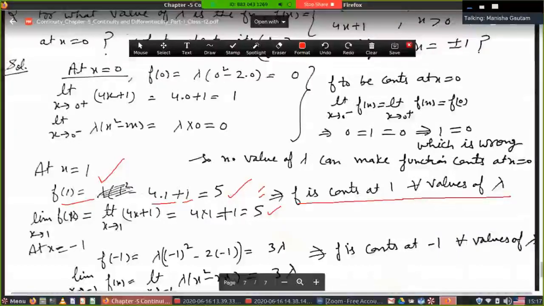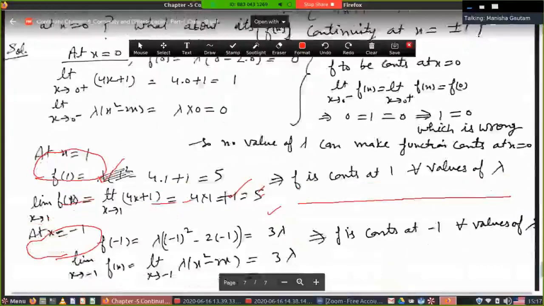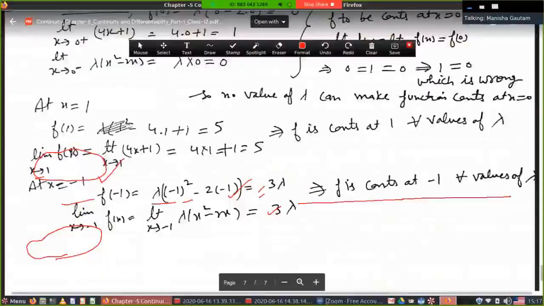Now the second case. This is the first case which we have studied, x equal to 1. Now calculate the value at x equal to minus 1.